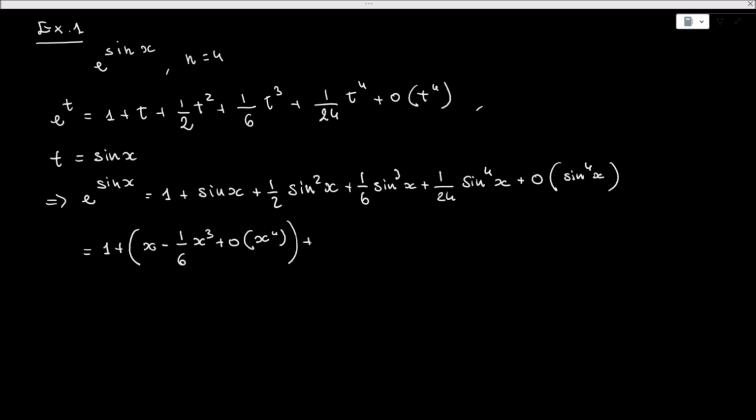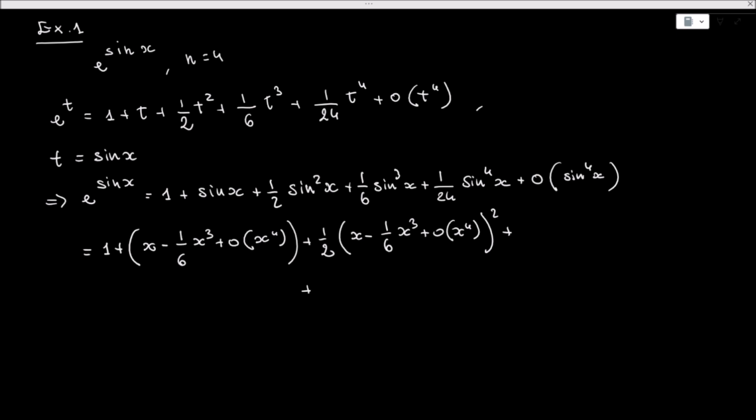Then we have 1/2, and well, x minus 1/6 x to the cube plus little o of x to the fourth. Well, all this needs to be raised to the second power.